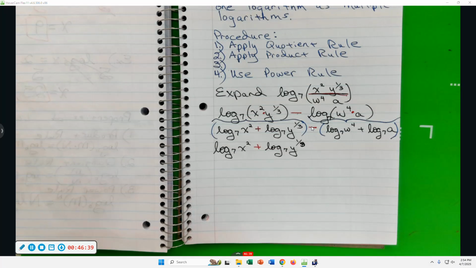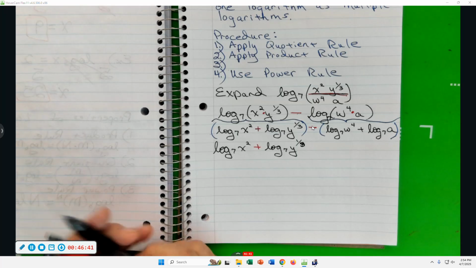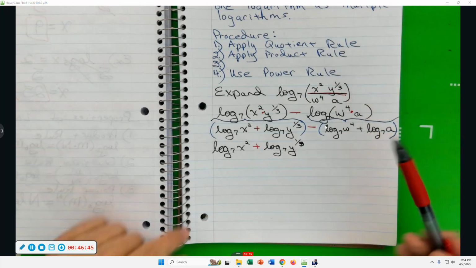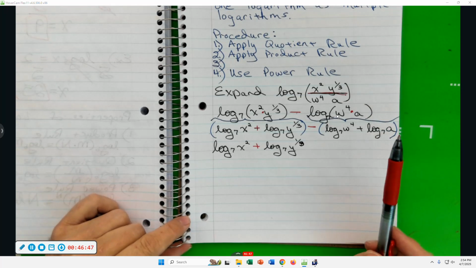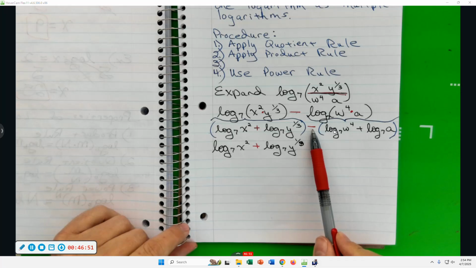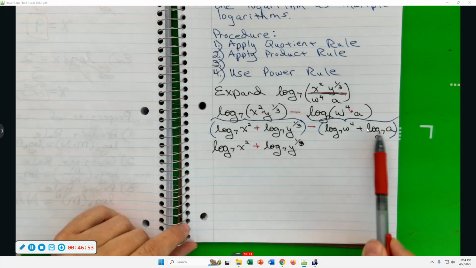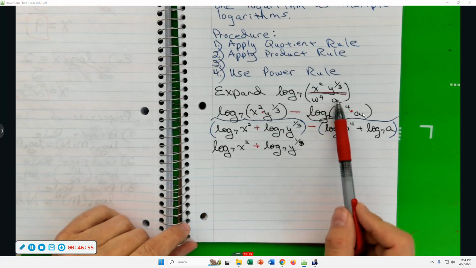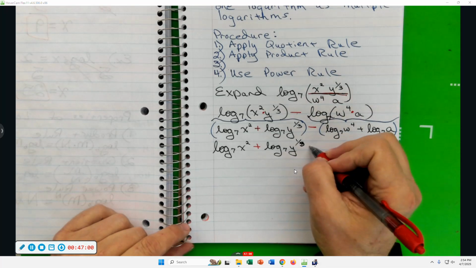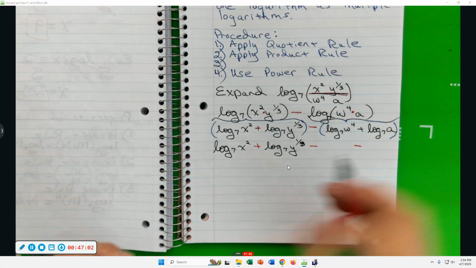Okay, we've stalled long enough. What's the third step? What did I not write here? Okay, we're going to have to distribute the minus sign. Every logarithm that came about from the denominator, you have to distribute that minus sign, and so you're going to have a minus and a minus.